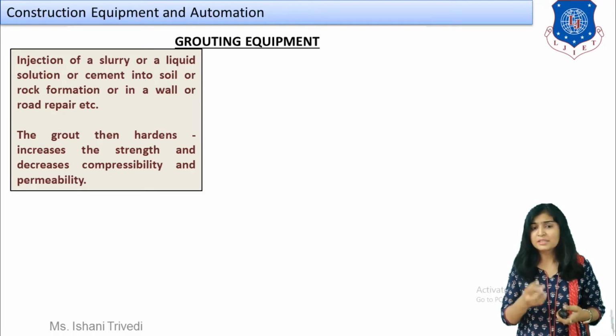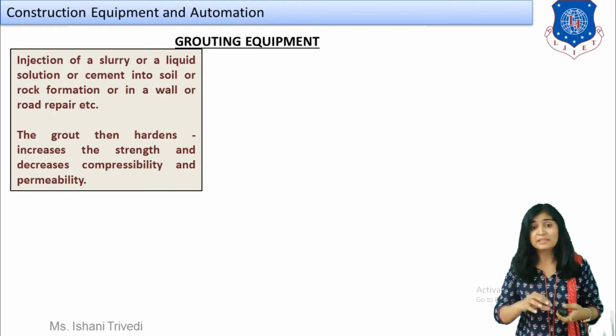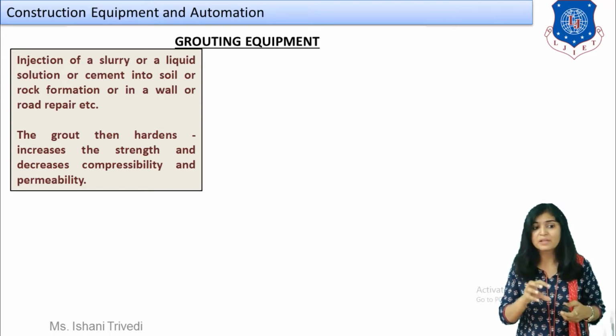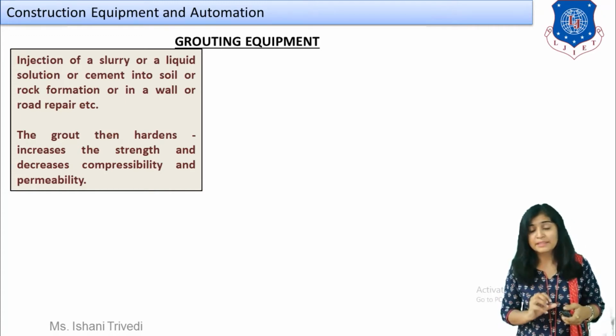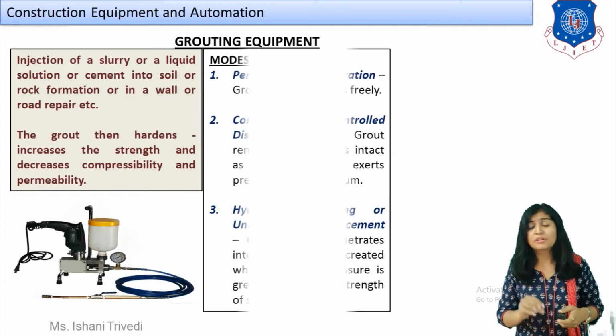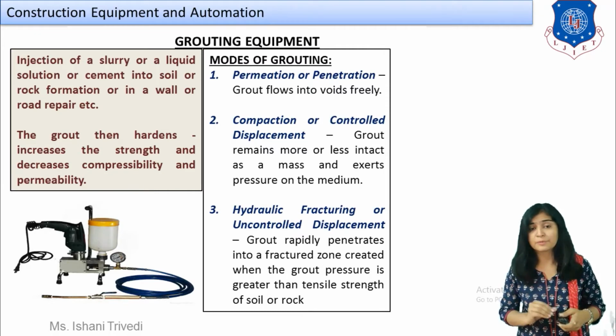Once the grout is injected inside the material, it then hardens on its own. It hardens and ultimately increases the strength of that particular structural member and decreases the compressibility and permeability, right? Ultimately you are carrying out one type of repairing work.